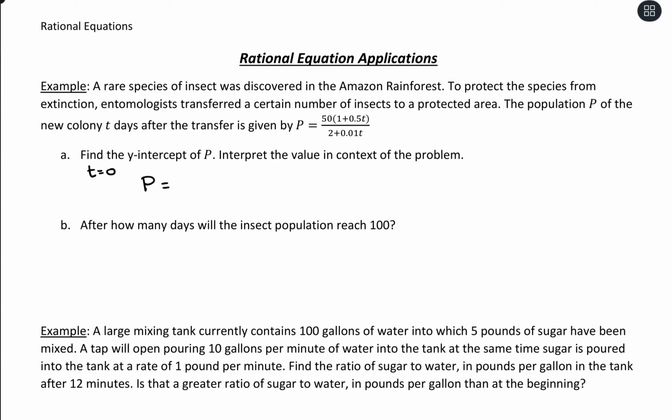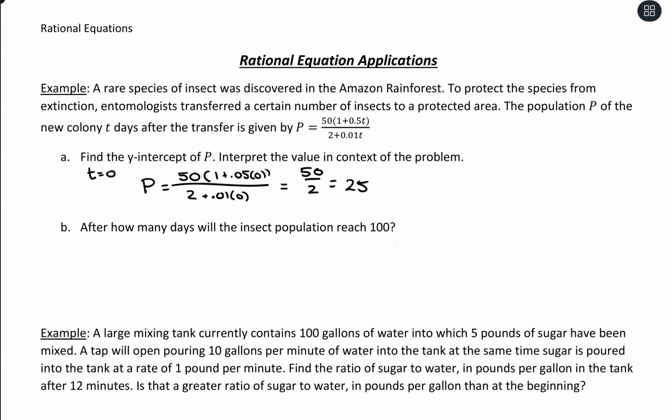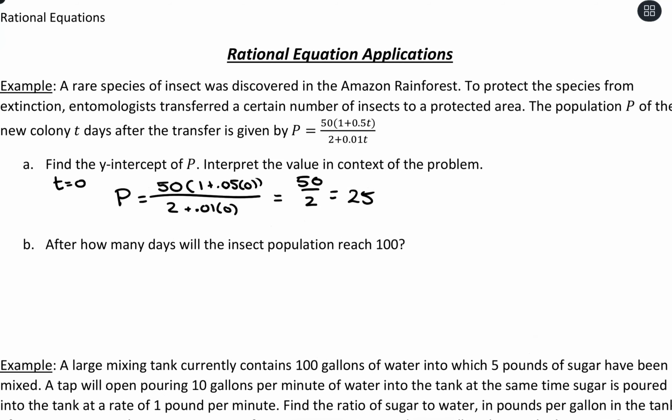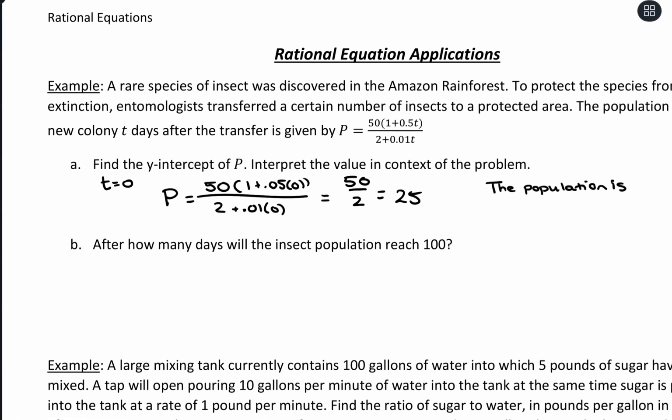So we're looking at P equals 50 times 1 plus 0.05 times 0, all over 2 plus 0.01 times 0. So that should be 50 divided by 2, which is 25. And what this tells us is what the population is when T is 0. So the population is just 25.